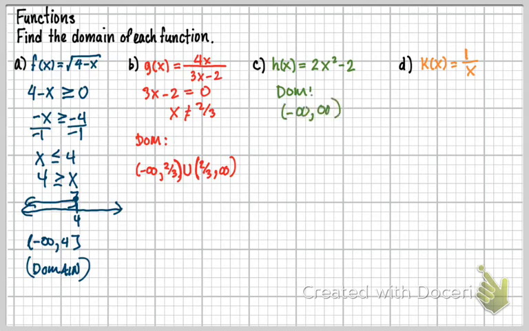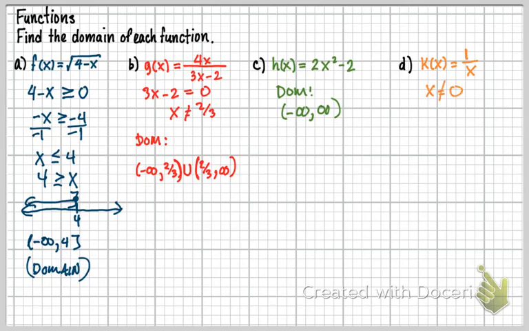Now let's take a look at this last one. Just like number B, this follows the same pattern. The only thing that's going to give us a problem is where the bottom is 0, because I have the variable down there. I can plug in anything for x, and whatever gives me 0 down there is going to give us problems and can't be defined for the function, because I can't divide by 0. So this is only where x is 0.